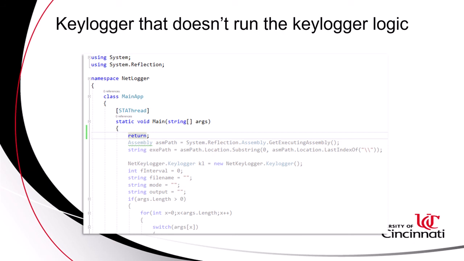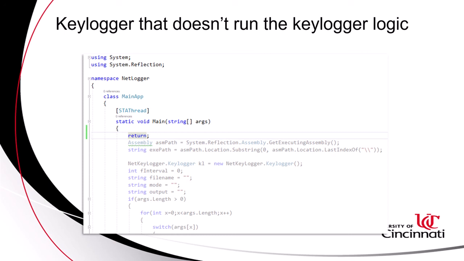The next thing I did was modify my keylogger slightly such that it does not run the keylogger software. It simply returns. This is the same logic I had before, but instead of tripping through the logic in the code, I just skip over it.